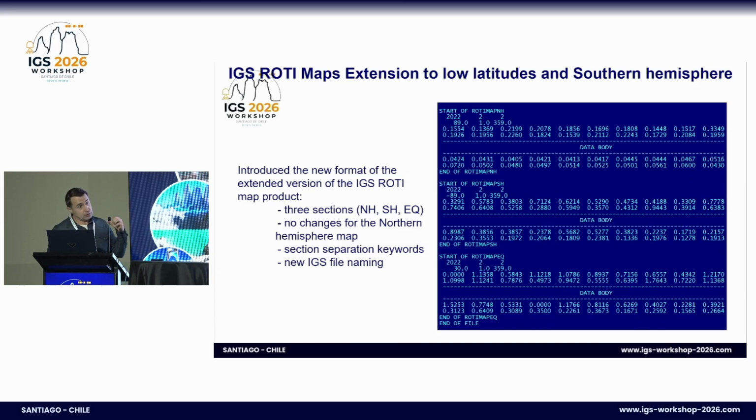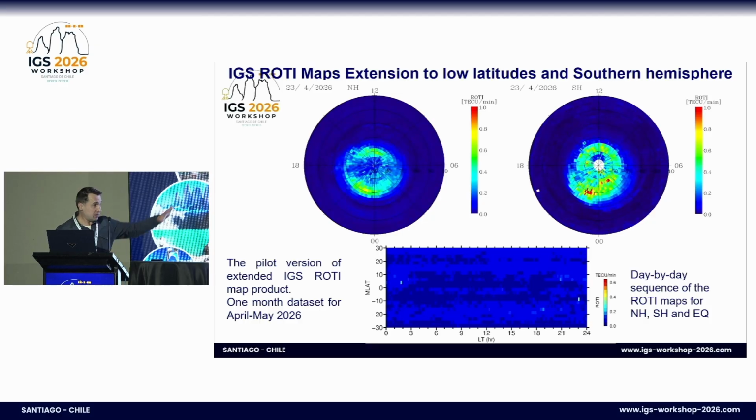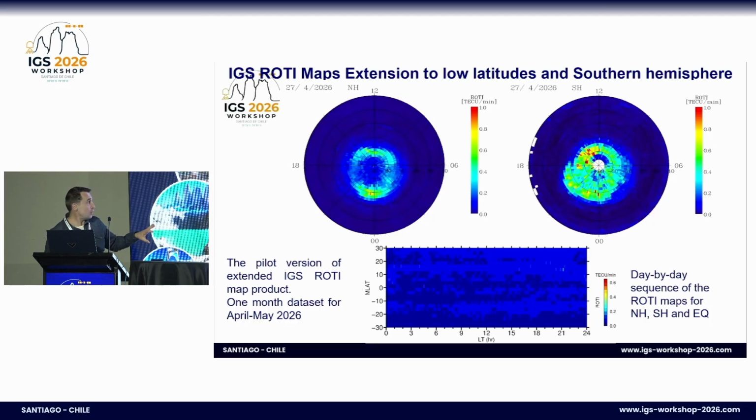We did not touch the standard maps which we already produced, but added sections describing ionospheric irregularities for the northern hemisphere, for the southern hemisphere, and equatorial latitudes, and this is how it works now.